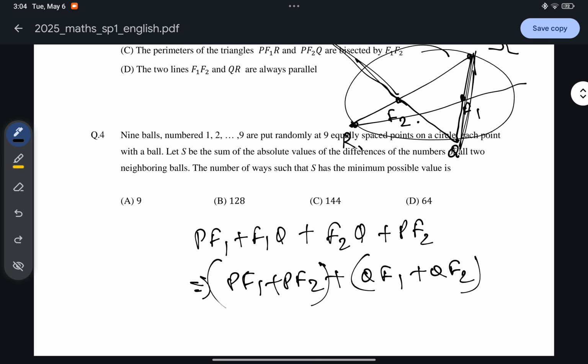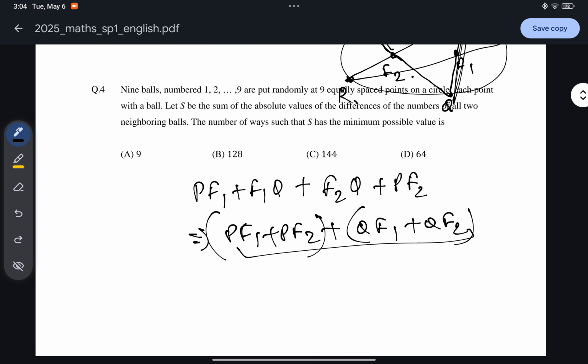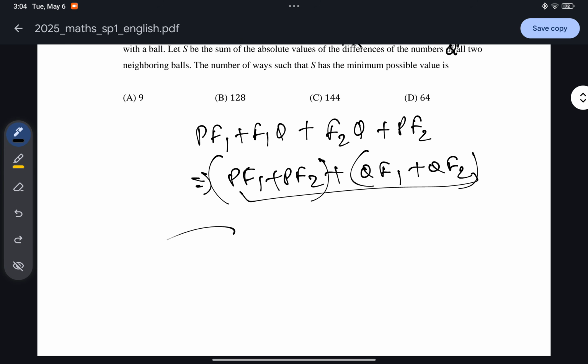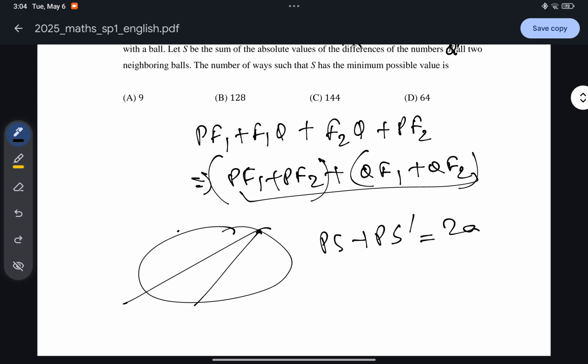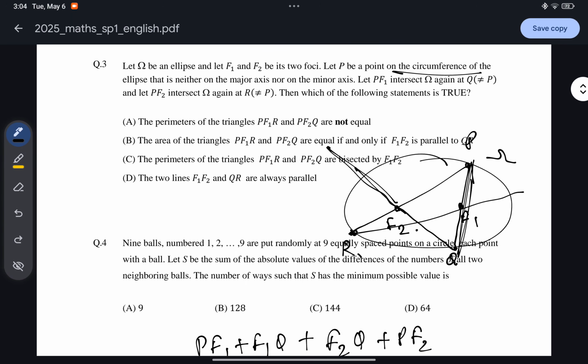Now note that p and q are both on the circumference of the ellipse, and for any such point I can say that ps plus ps dash is equal to 2a. So this should be 4a, and when I write this for the other triangle as well, I should get the same thing and they should be equal. And same with this one.